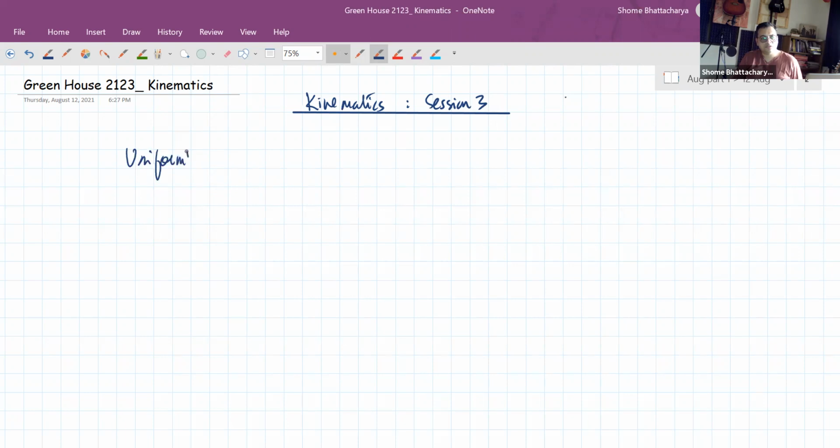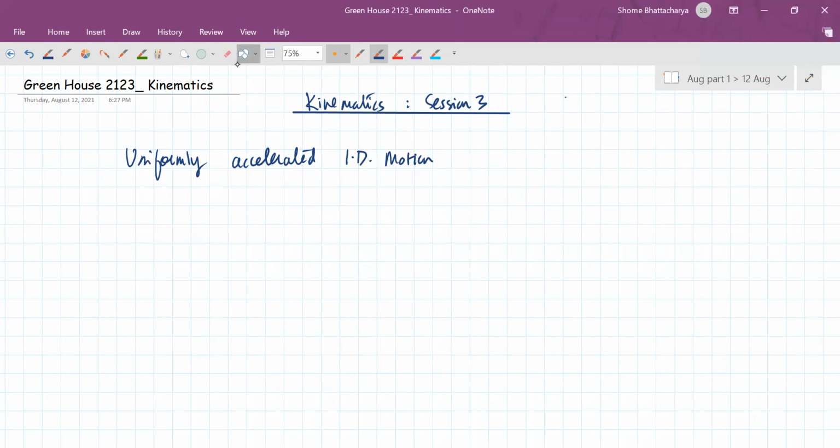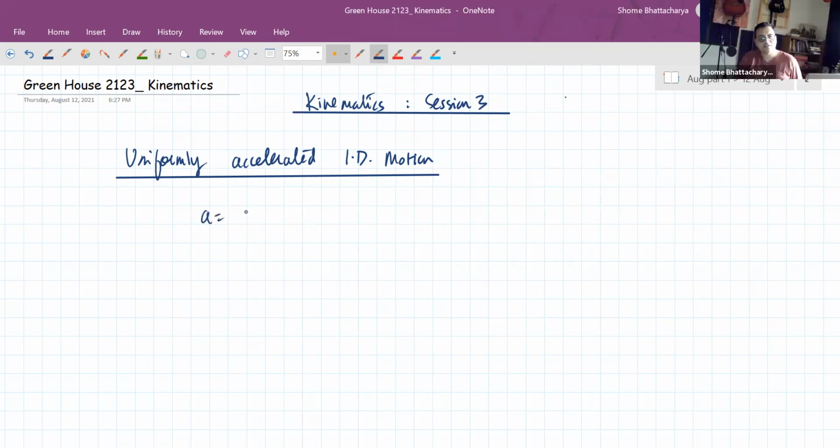So uniformly accelerated one-dimensional motion, or motion along a straight line. We had seen that acceleration is constant or uniform. That's one and the same thing. So from this, we basically have the relation that the instantaneous rate of change of velocity is a constant.